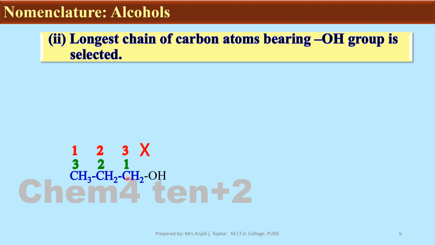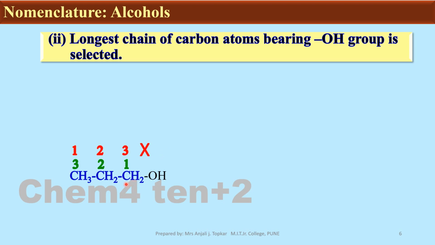Why is this correct? Let's understand. The OH group, which is closest to that carbon atom, from that side we have to start numbering. If we number this carbon atom as first one, the OH group will be seen attached to the third carbon atom. That's why this is the wrong way of numbering.